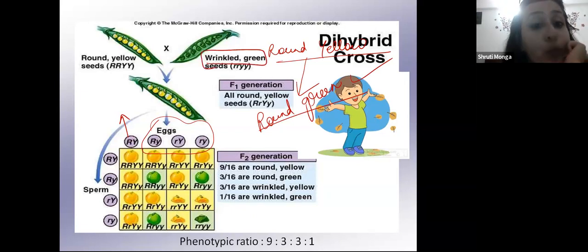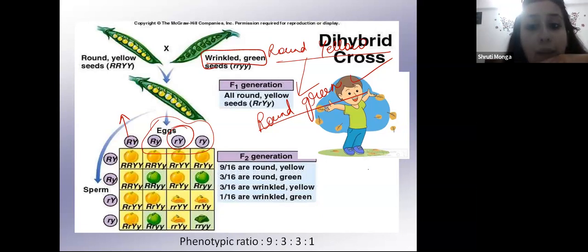But in F2, what new thing did we see? We saw that wrinkled got with yellow also. We got to see wrinkled yellow seeds, which we didn't see in the F1 generation. We got to see round green seeds in the F2 generation, which we didn't see in F1. That means we saw new combinations in the F2 generation.